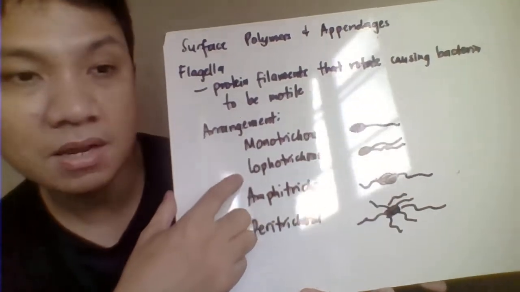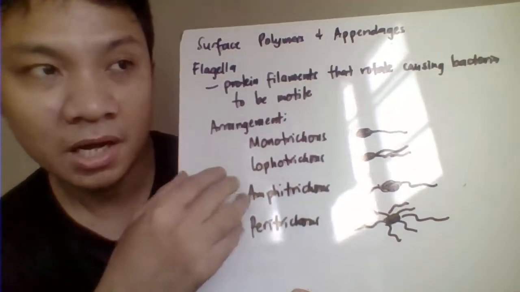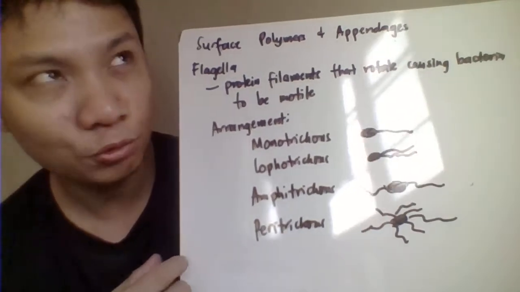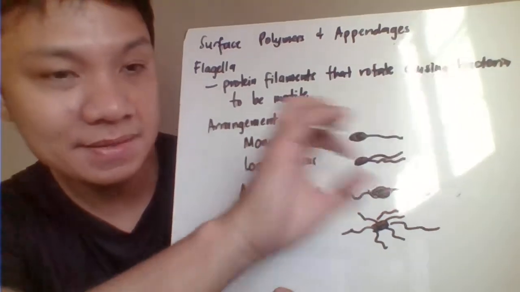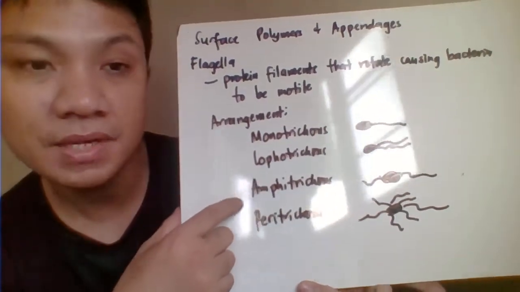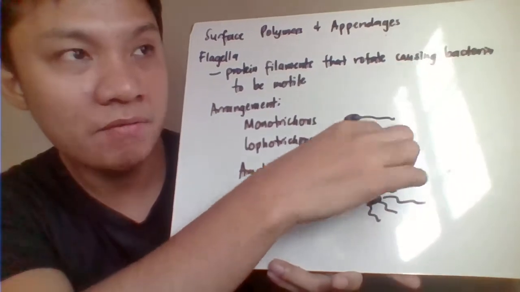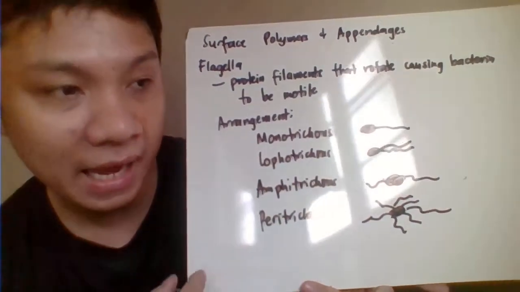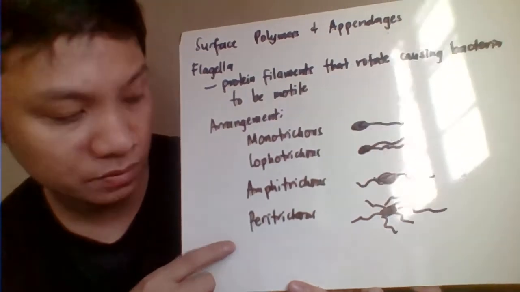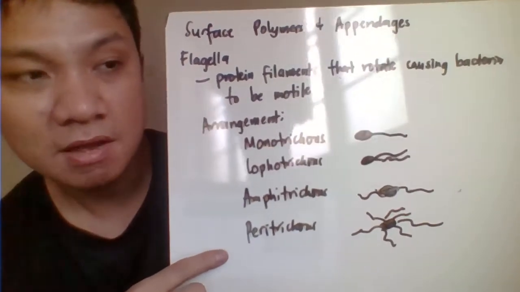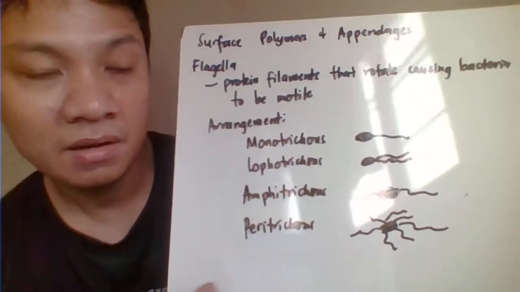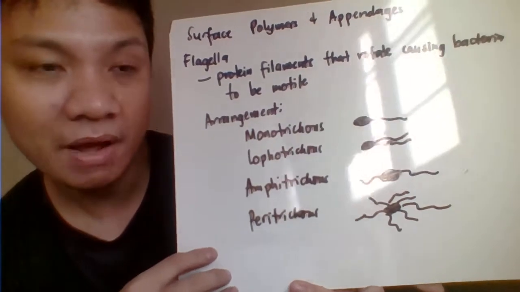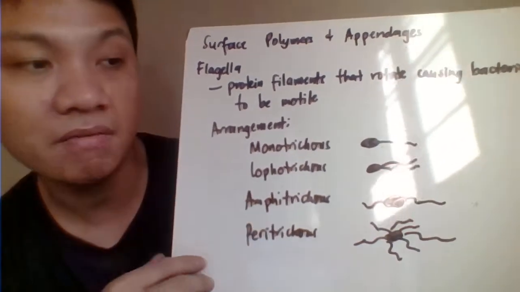Lophotrichous, on the other hand, is characterized by two or more flagella found at only one pole, on one side only. Amphitrichous has one flagellum on one end and another flagellum on the opposite end. Peritrichous is the type of flagellar arrangement wherein the entire body of the cell has projecting flagella.